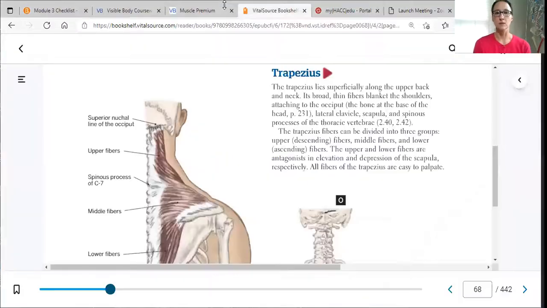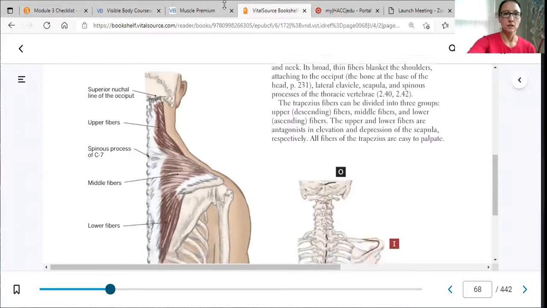All right, so let's get started with the origin and the insertion. Here we are. Trapezius is all of this. You can't see me pointing, so I have to use the cursor. Trapezius, like deltoid, has different fiber directions.